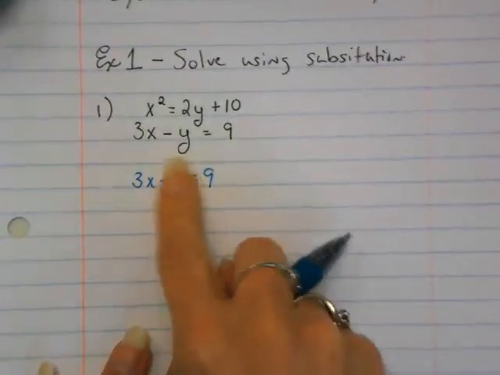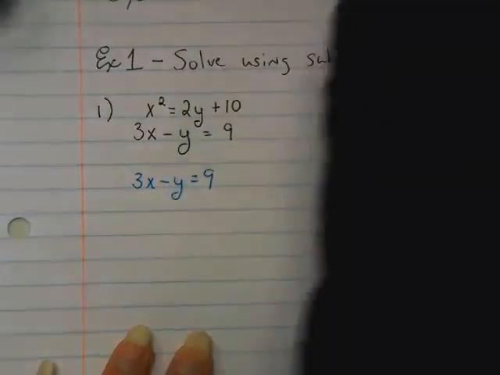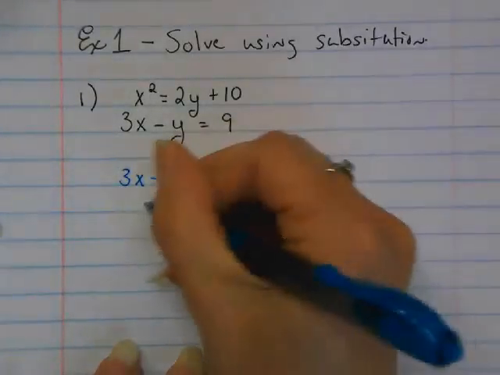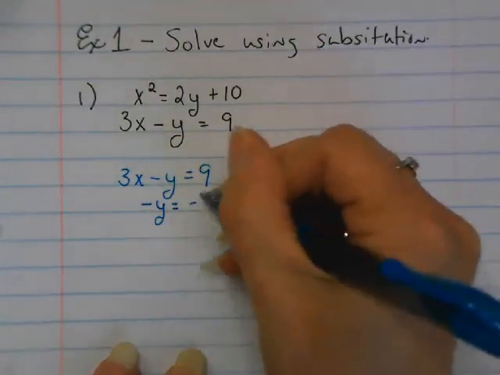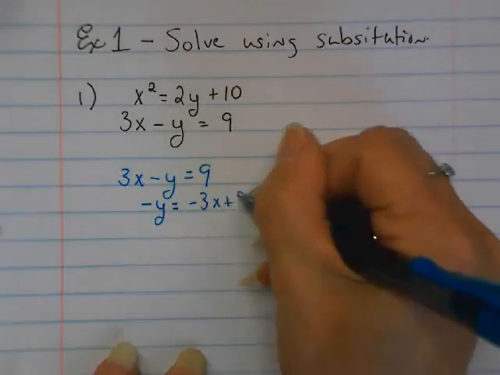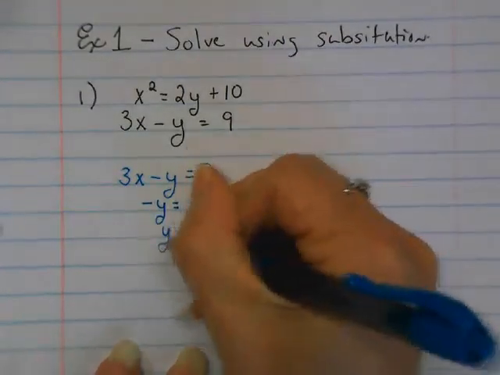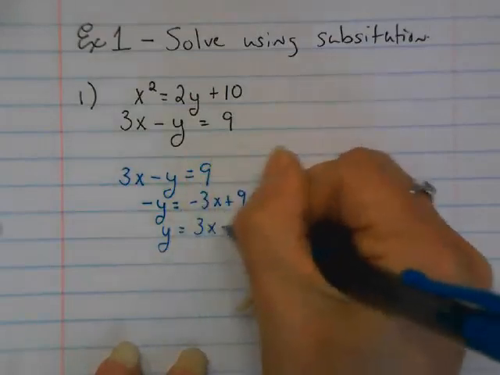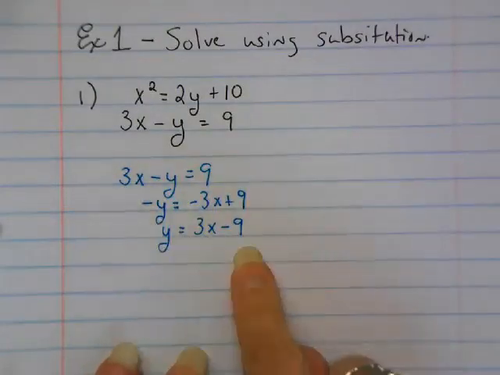I could get x by itself, but then that would give me a fraction in front of y. Alright, so let's go ahead and do negative y is equal to negative 3x plus 9. Now you're not done yet because y still has that negative, so I'm going to get y is equal to 3x minus 9.